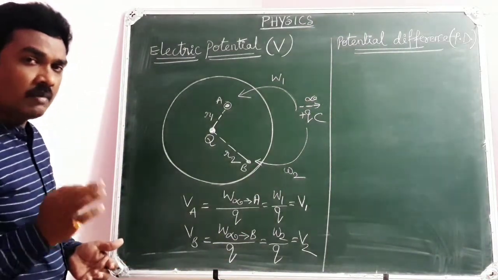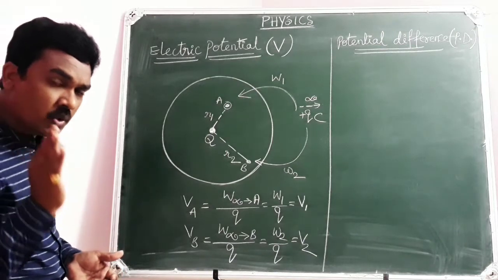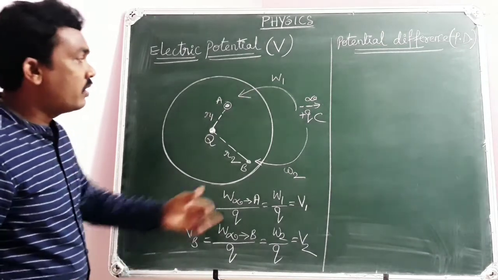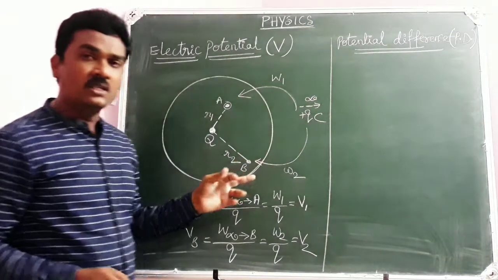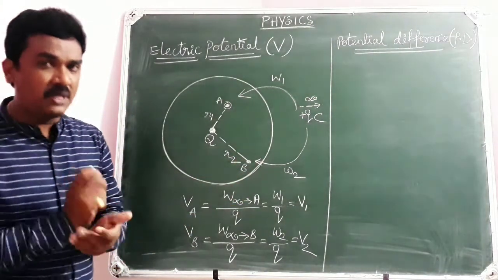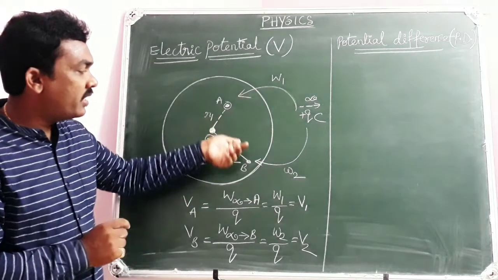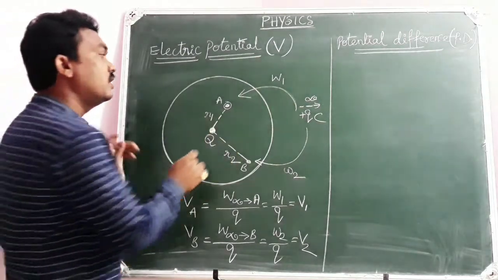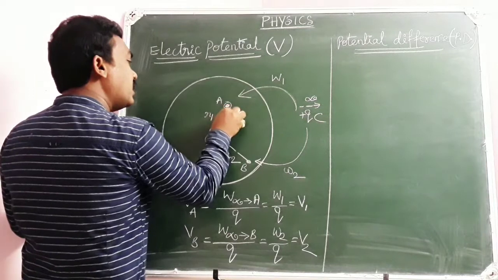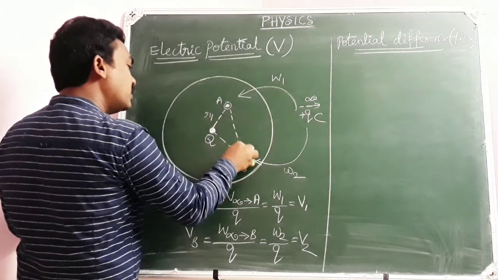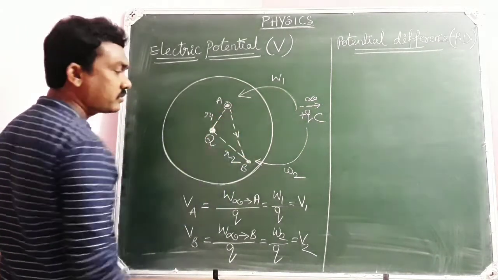So here, the amount of work done per unit positive charge from infinite distance to B is the electric potential at B. Similarly, the potential difference between A and B can be defined as the amount of work done to carry unit positive charge between the 2 points.